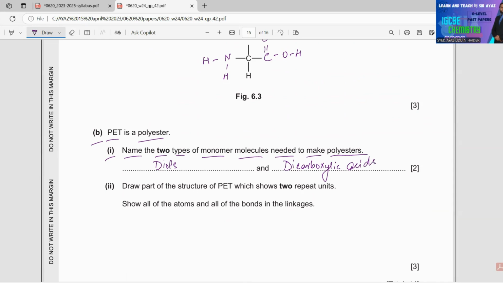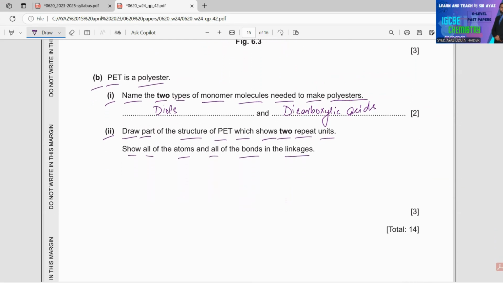Number 2, draw part of the structure of PET which shows 2 repeat units. Show all of the atoms and all of the bonds in the linkages. So 2 repeat units, one must be from diol. What you need to do, just remove the H from each diol.